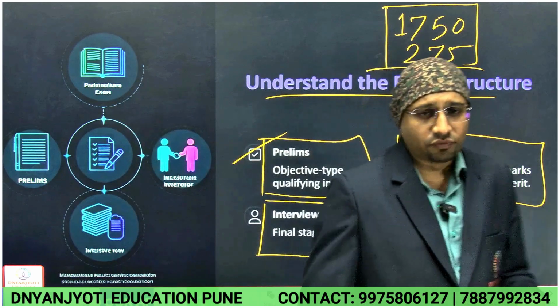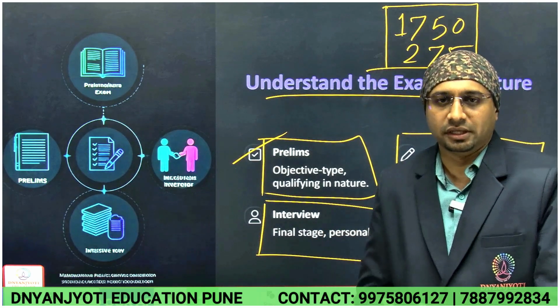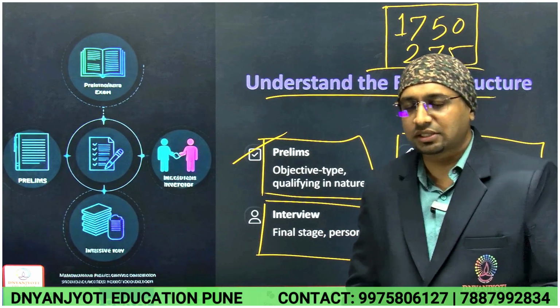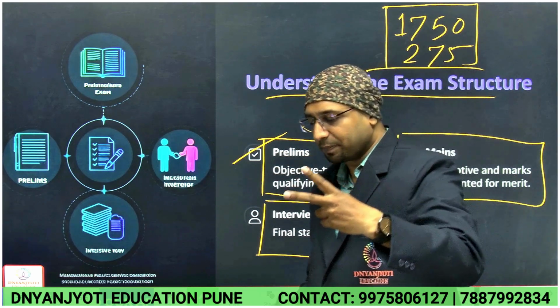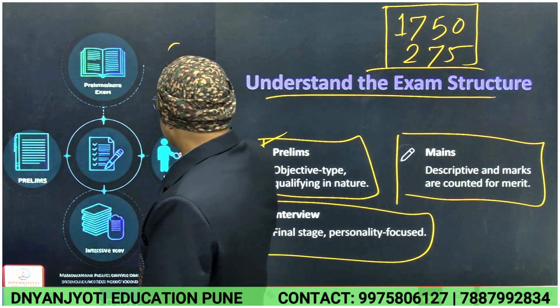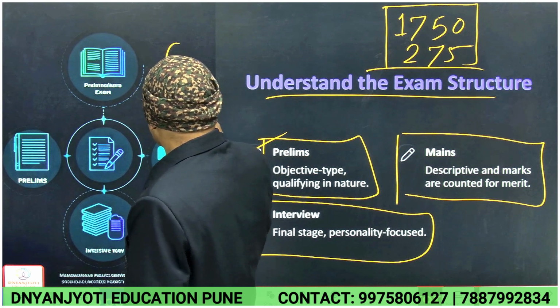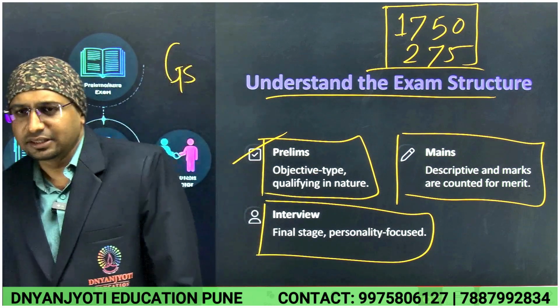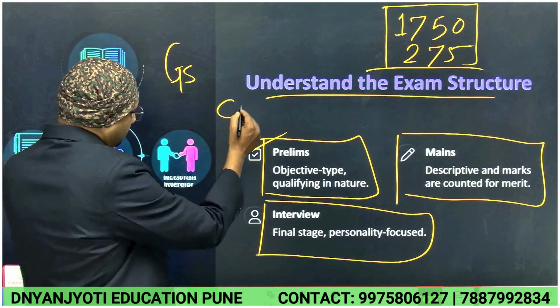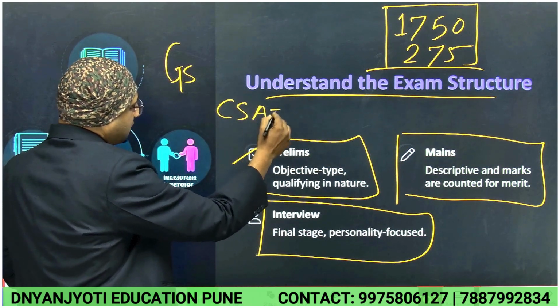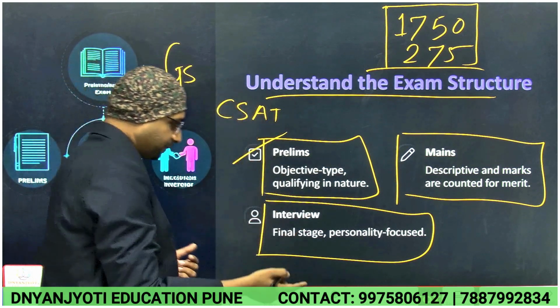And now we'll come to the preliminary. In the preliminary examination, there will be 2 question papers. First one is GS, that is general studies, and another question paper will be for CSAT, that is civil services aptitude test.